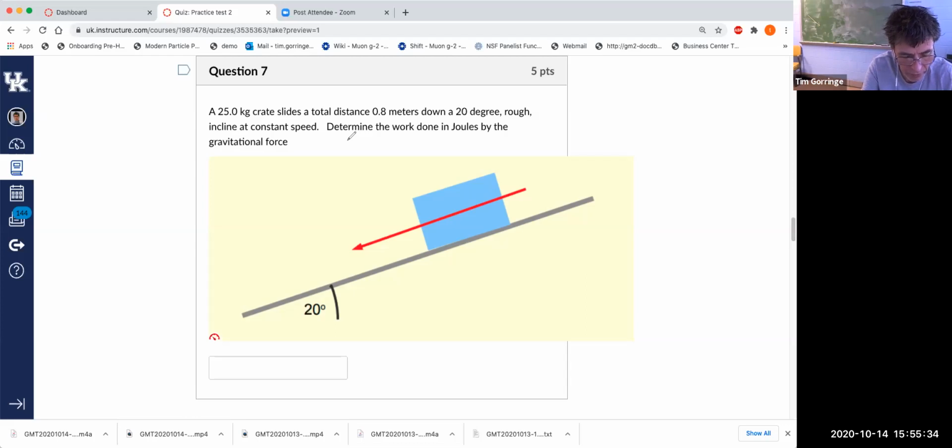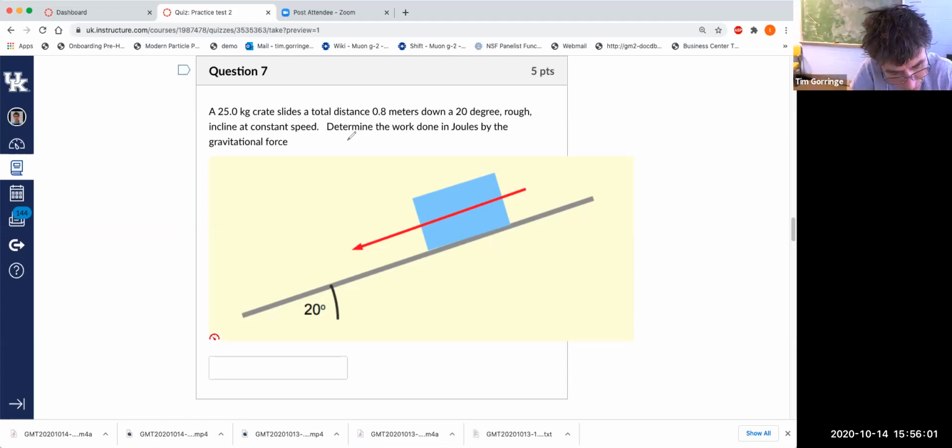The first work we're going to figure out is the work done by the gravitational force. There's a really important point in this question. I had a few questions about it, and the questions are normally, well, don't you need the coefficient of friction? And the answer is you don't need the coefficient of friction for this particular problem.